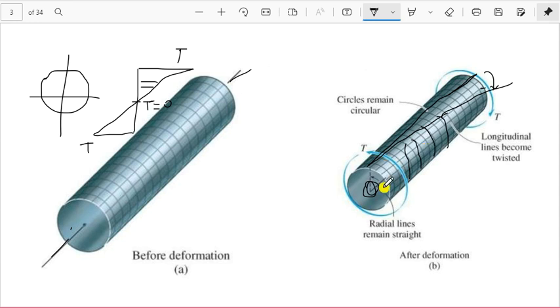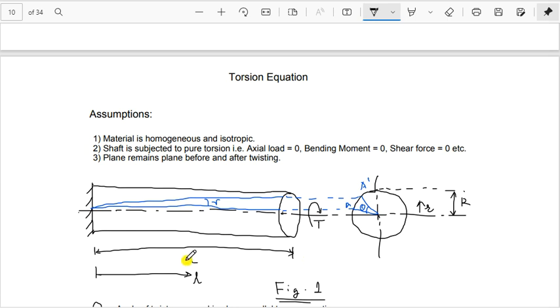Okay, let us see the actual figure. Here you can see, actually these are straight lines. I will again draw. Let us look at this angle tau.